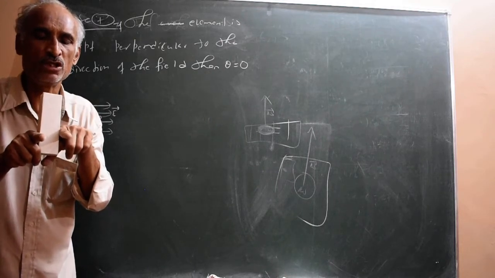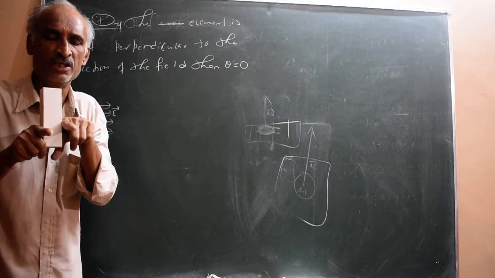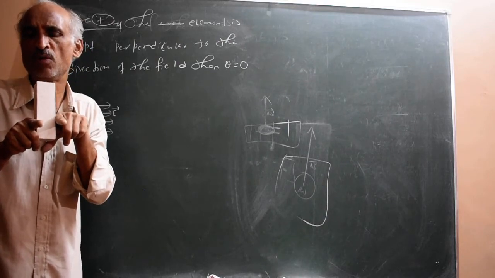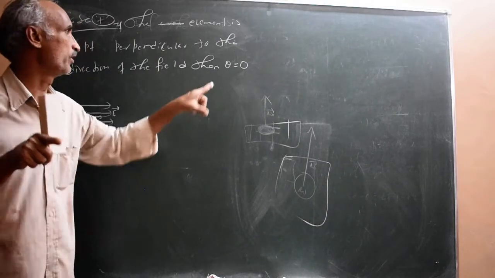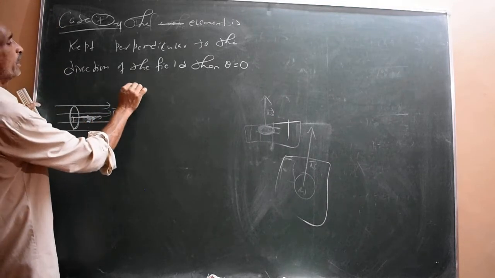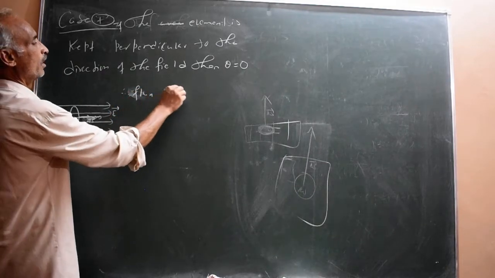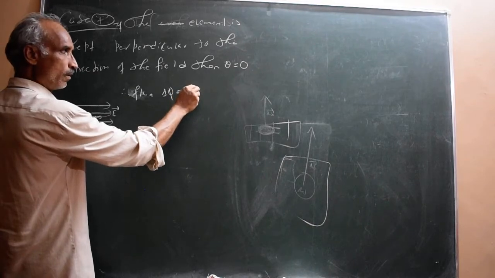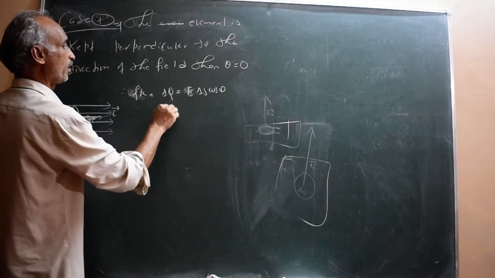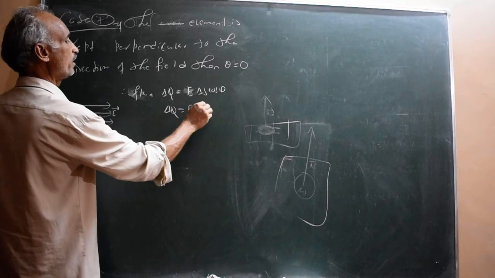Now what is the angle between these two? This is the normal to the element. Therefore, it is the direction of the area element vector, and it is E bar. Both are parallel. Therefore, theta is 0. So therefore, flux delta pi is equal to E into delta S into cos theta.